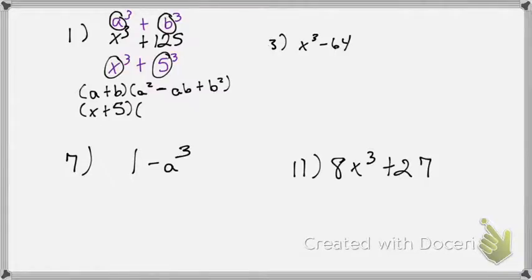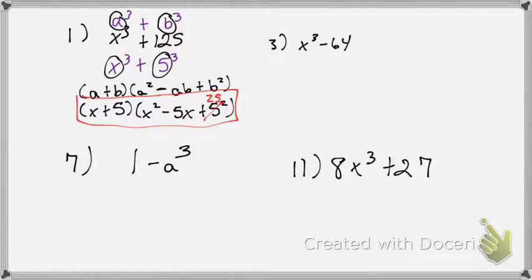Our second parentheses, we'd have x squared minus 5x plus 5 squared. But we know what 5 squared is, so we simplify that to 25. And so the answer would be x plus 5 times x squared minus 5x plus 25.